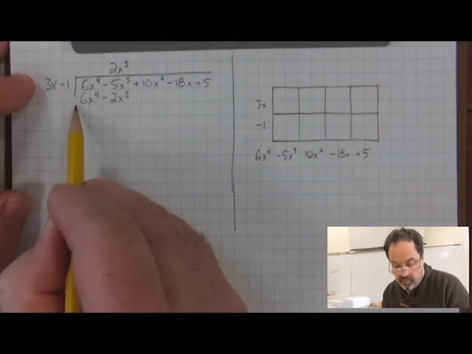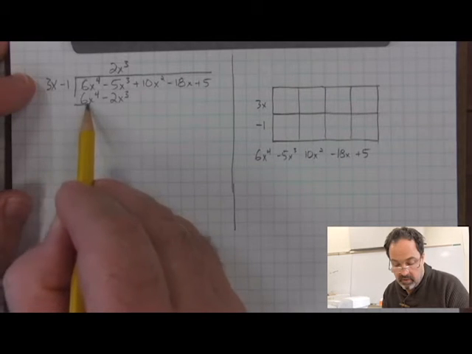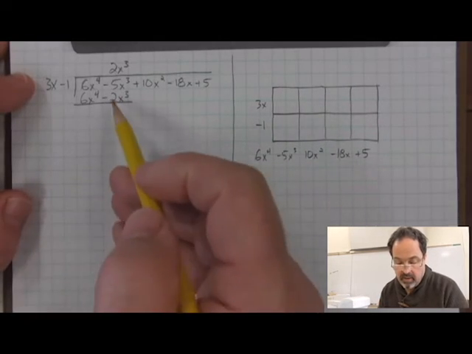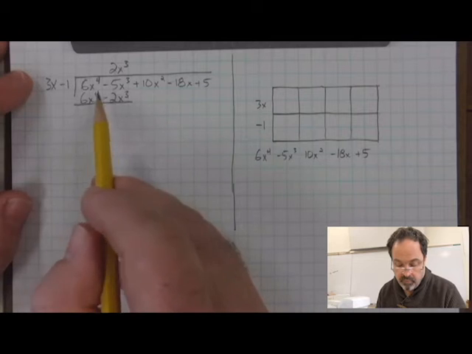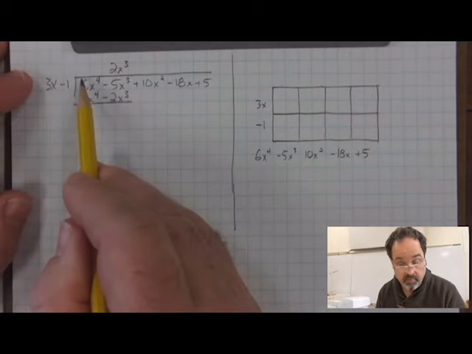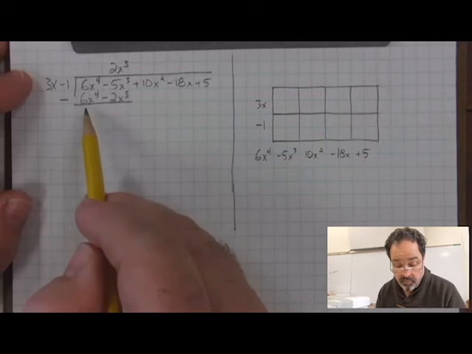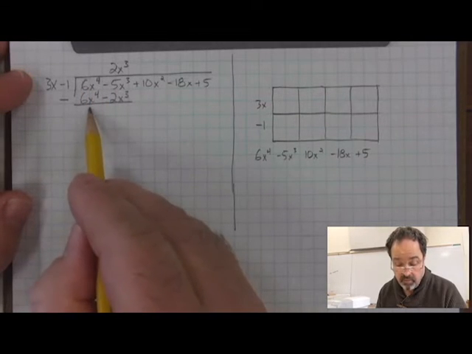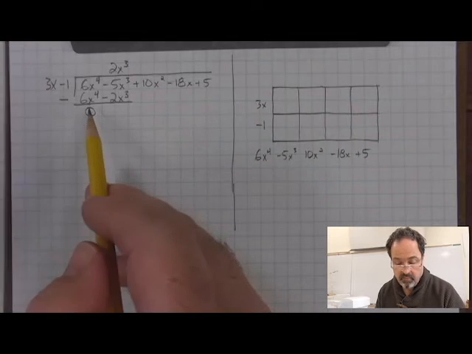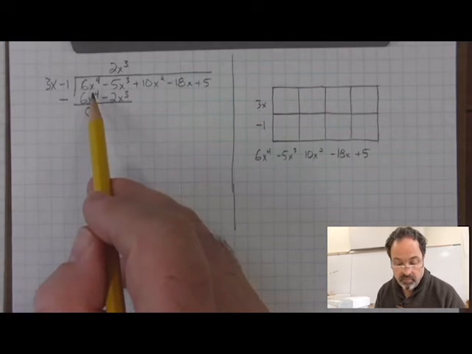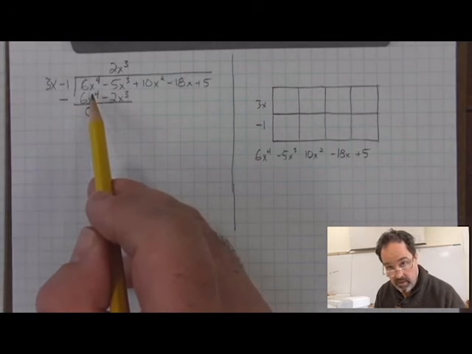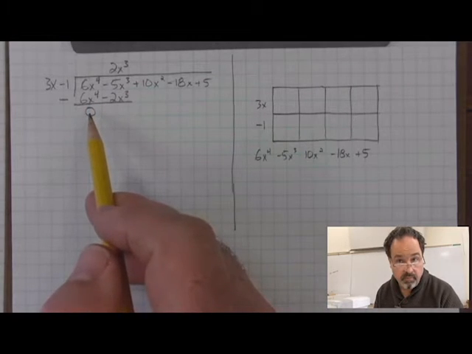The third step in this process is then eliminating what I produced from what I was working with by subtraction. The 6x to the fourth minus 6x to the fourth makes 0. So I've eliminated the leading term of 6x to the fourth, and I can now work with a new leading term.